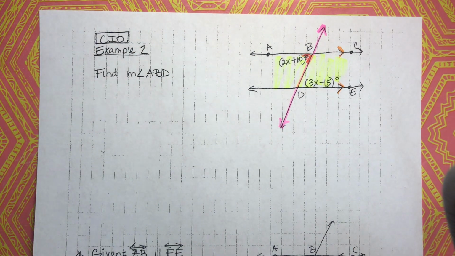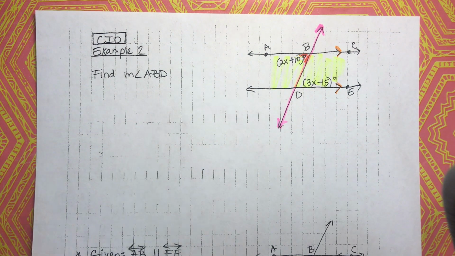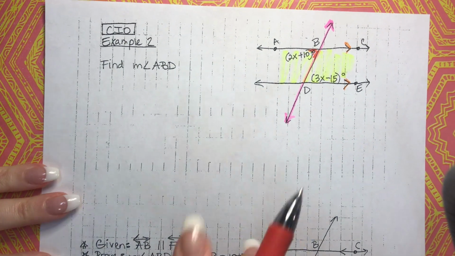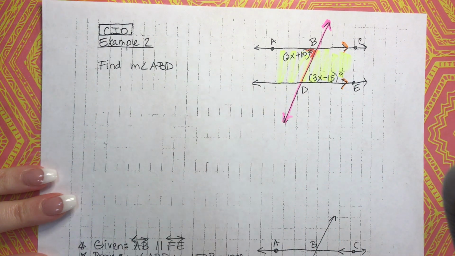So I think the smartest theorem to use would be the alternate interior angles theorem. So first, I'm going to define our terms and write down the given information.